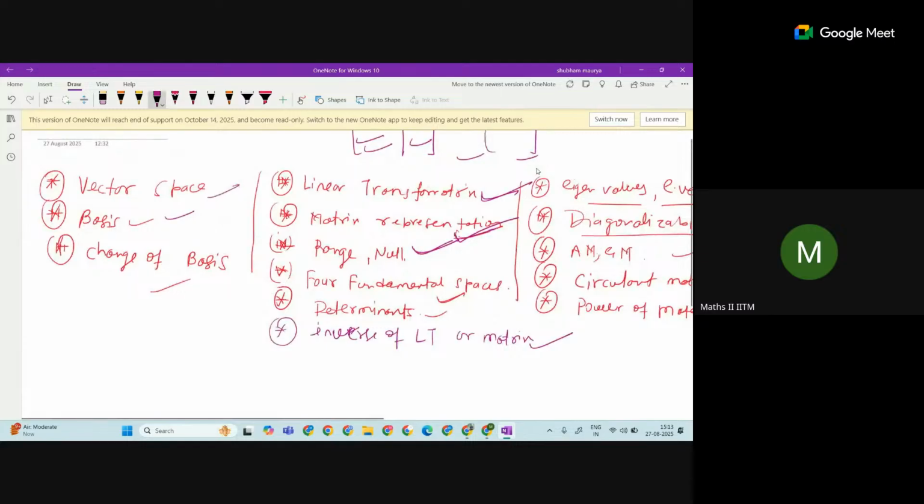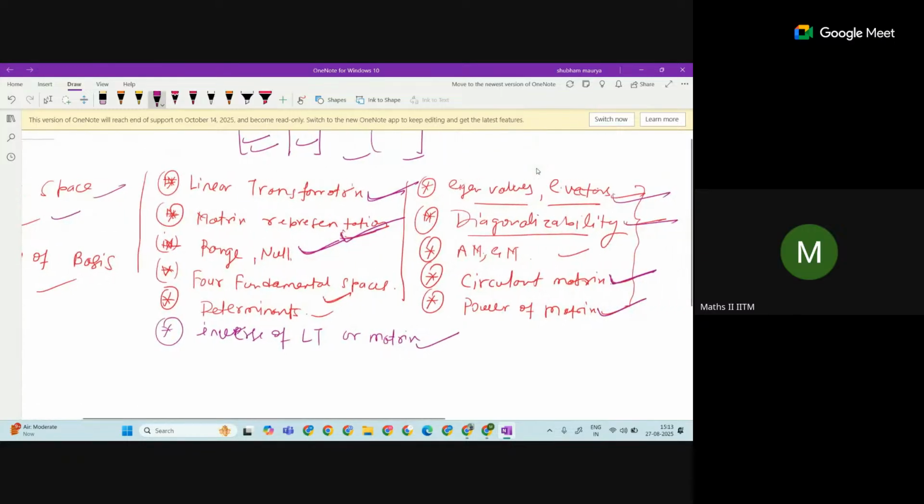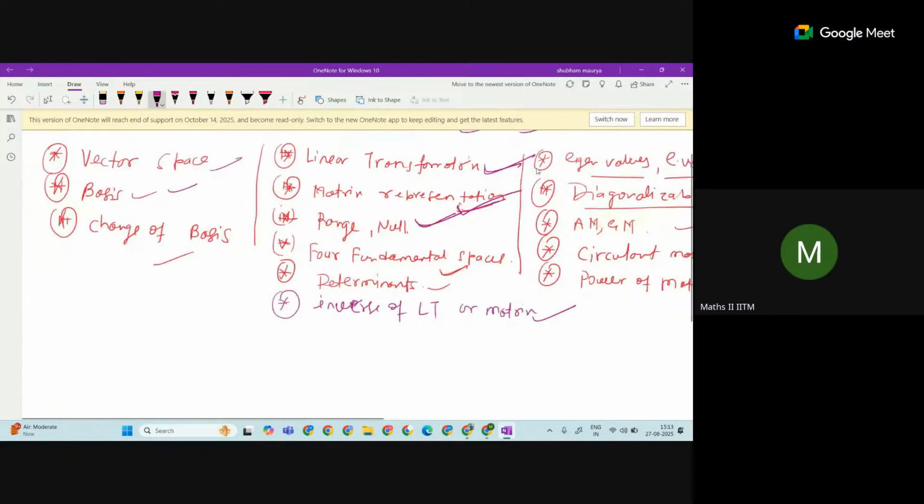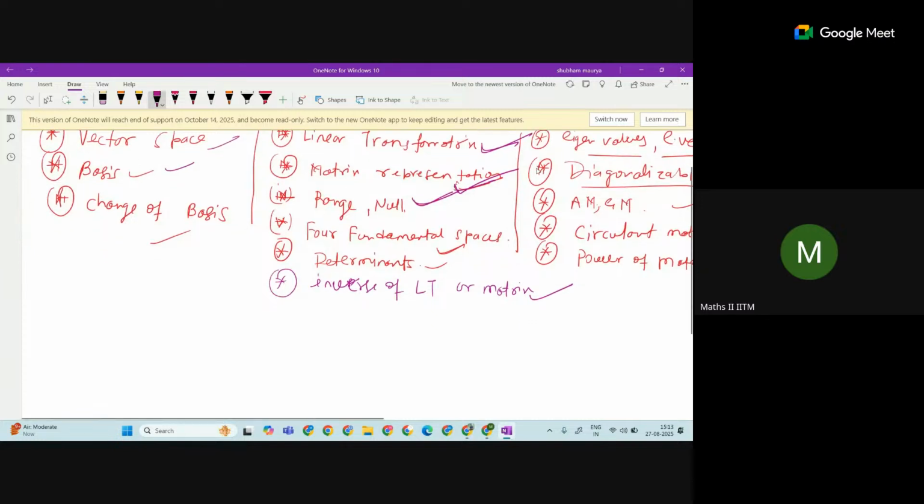So let's start these topics, one by one. Vector spaces: we are going to look at only R2, R3, R4, or maybe up to R5. I don't think any question will go beyond R5.